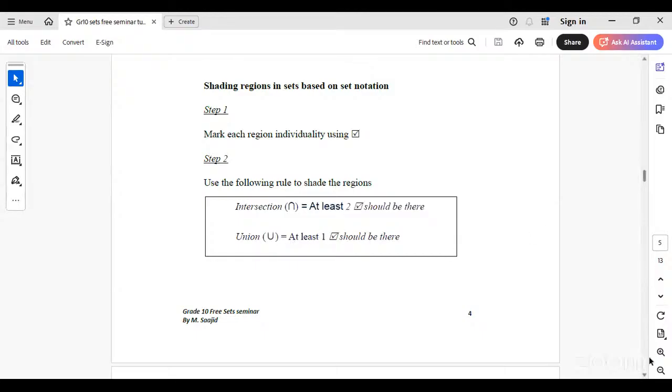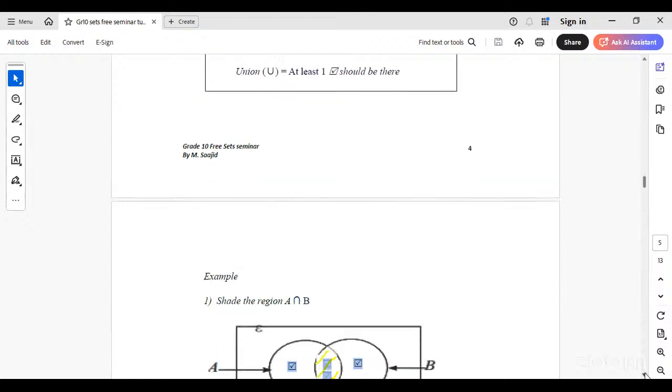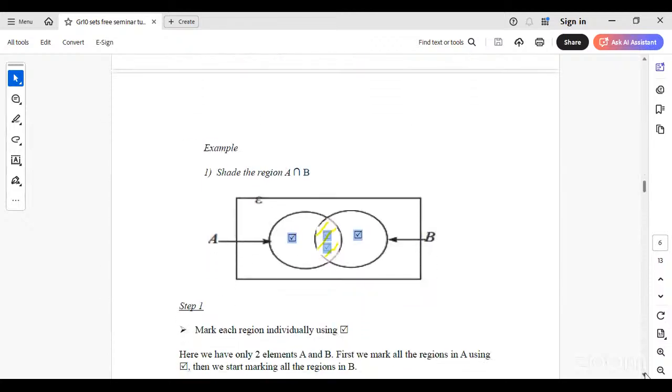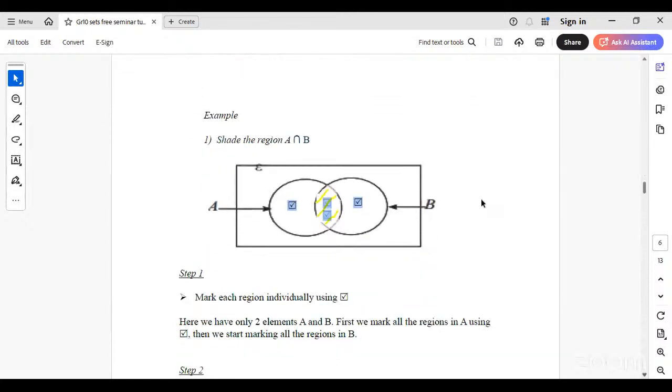Let's do this for an example. In the next page, number 5, you have an example. What is the example? The example says shade the region A intersection B. How do you shade the region? Look at the board.